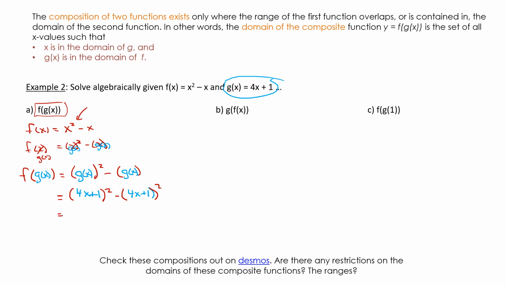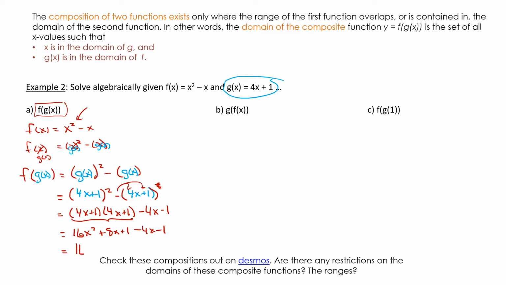What is 4x plus 1 squared? Well, if you can't do that in your head, then you're going to have to write out 4x plus 1 twice. And then, sorry, that's not squared, whoops. And then this negative sign comes in here. Negative 4x minus 1. And binomial expansion here is going to give me 16x squared plus 8x plus 1 minus 4x minus 1. And we collect all of our like terms.